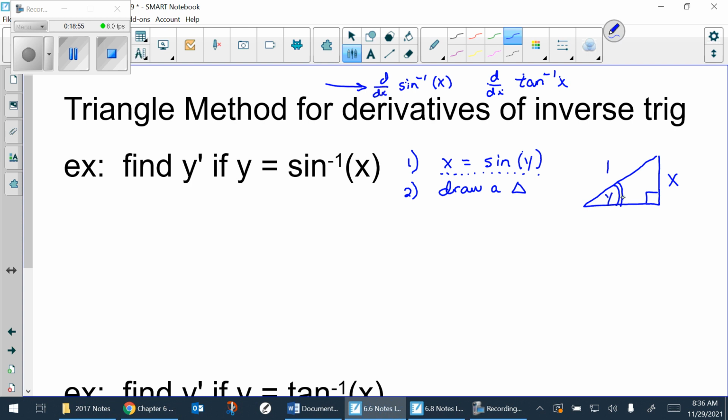Okay. Now, when I draw this triangle, do you think it's going to be important to know the length of this side over here? And I think you're going to say, yeah, that's going to be important.